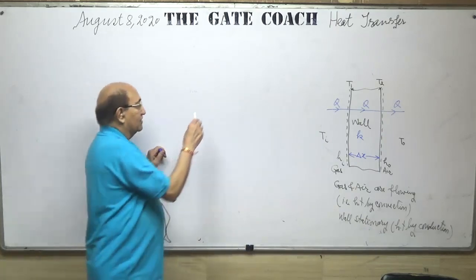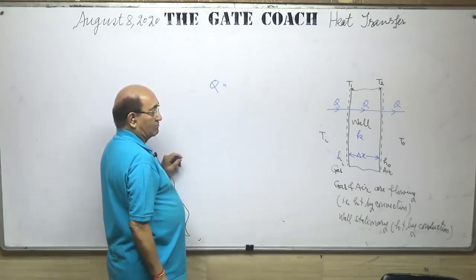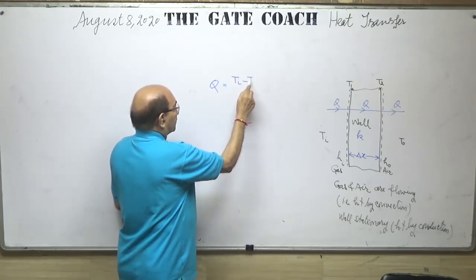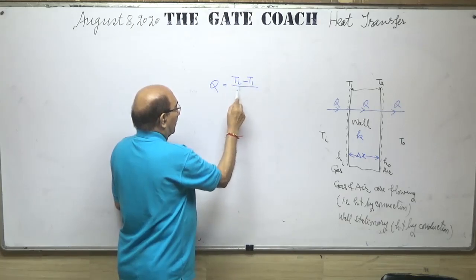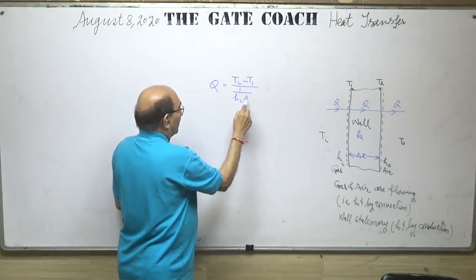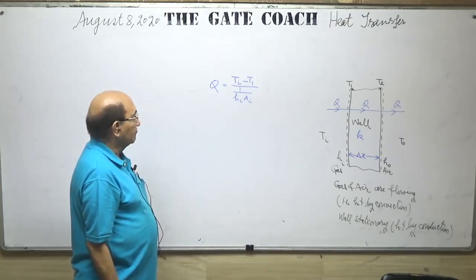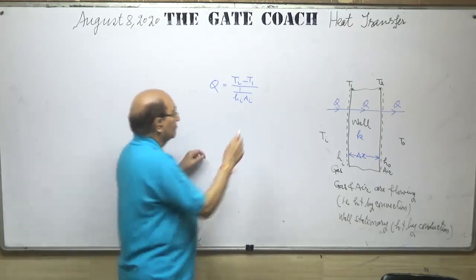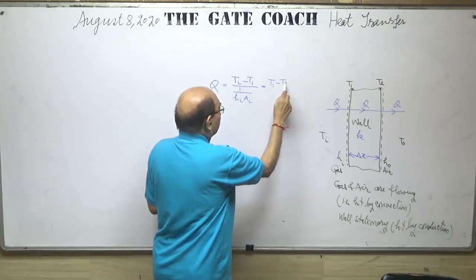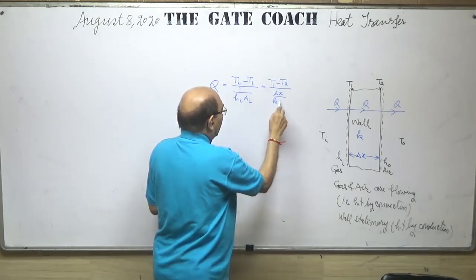So what I can write is, number one, Q is equal to Ti minus T1 upon 1 upon Hi Ai. This was the resistance. Also I can write T1 minus T2 upon delta X upon KA.